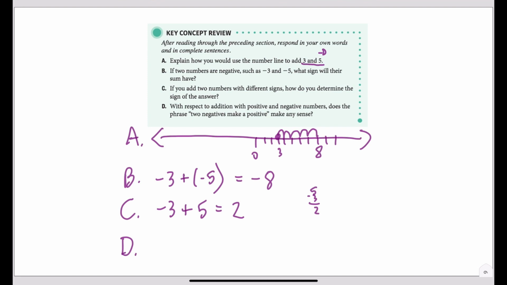So the only case when two negatives make a positive makes any sense in addition is when we're talking about maybe finding the opposite of a number. In this case, the opposite of 3 is negative 3. But the opposite of negative 3 is 3. So in this one instance, yes, but when we're talking about addition, it's hard to see how that would apply.